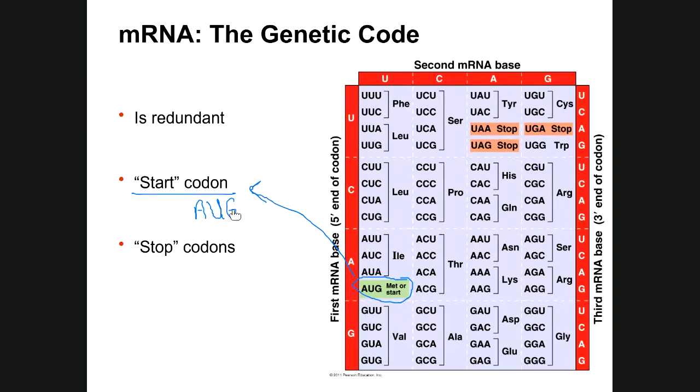One has a base adenine, one has a base uracil, one has a base guanine. These 3 RNA nucleotides form the codon AUG, and this codon is known as a start codon. What I mean by start codon is this codon tells the ribosome where to begin translation. So again, this codon AUG is called the start codon because it tells the ribosome where to begin translation.